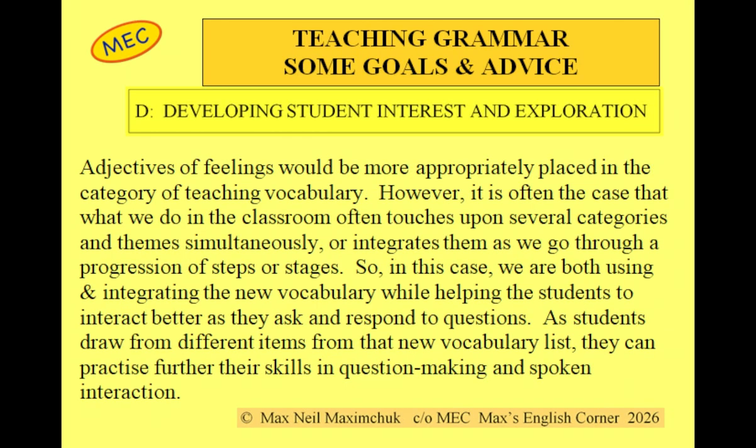Adjectives of feelings would be more appropriately placed in the category of teaching vocabulary. However, it is often the case that what we do in the classroom often touches upon several categories and themes simultaneously, or integrates them as we go through a progression of steps or stages.